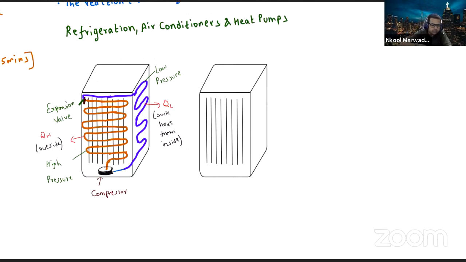And this is the principle. This blue pipe is called the cooling pipe.